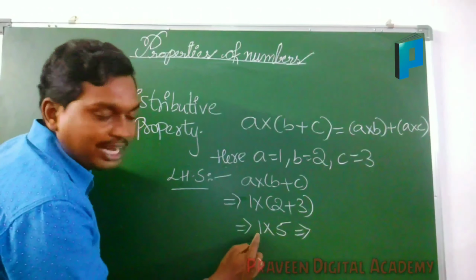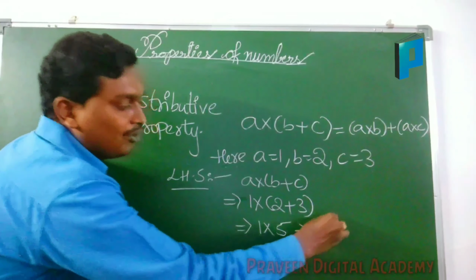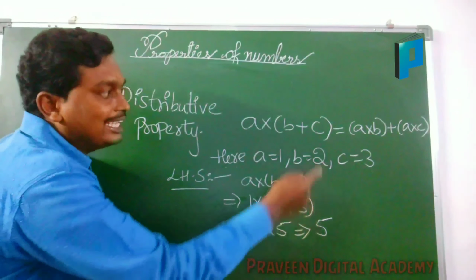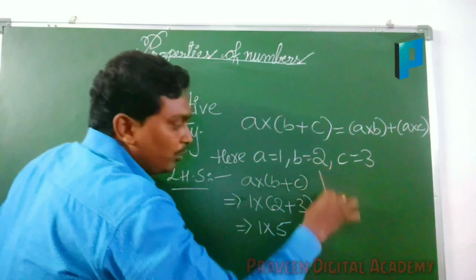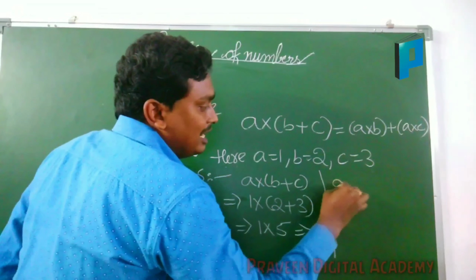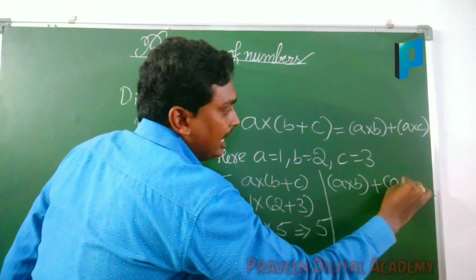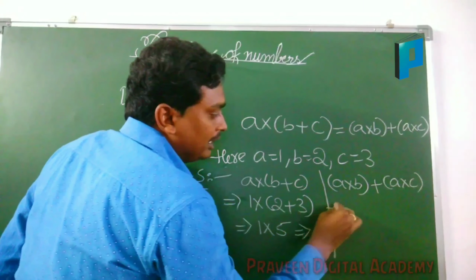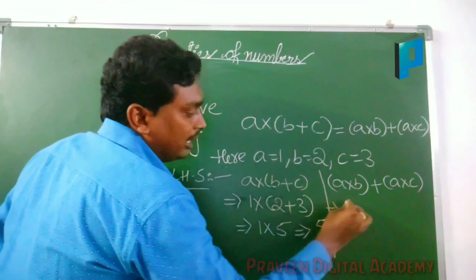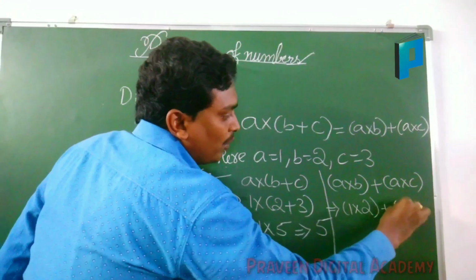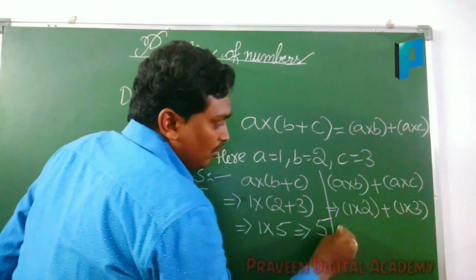What is the solution we will get? 1 into 5 is 5. We got the LHS as 5. We will check the RHS also. What is the RHS here? A into B plus A into C. Here we know that A is 1. 1 into 2 plus 1 into 3.